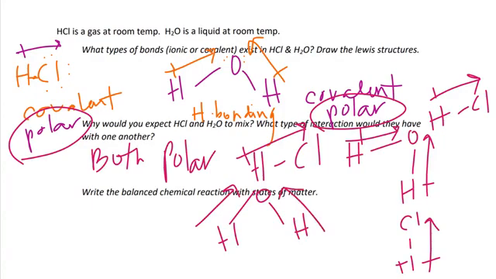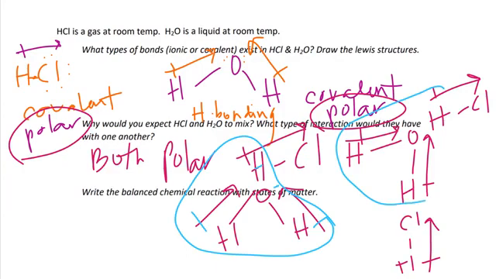And so what we're going to see happen here, we can see all of our dipoles lining up and kind of going all in the same direction, right? Because my slightly negative oxygen is going to be attracted to the slightly positive H. And what's going to happen here is that negative O is going to grab that positive H. And this negative O from that water is going to grab that H.